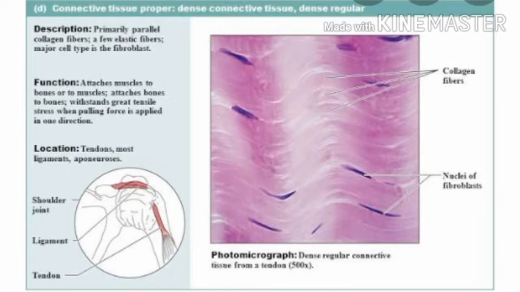Their main function is to attach muscle to bone and bone to bone. For example, ligament is a connective tissue which connects bone to bone. It is flexible. Tendon is a connective tissue which connects muscle to bone. It is rigid. So these are dense regular connective tissues.